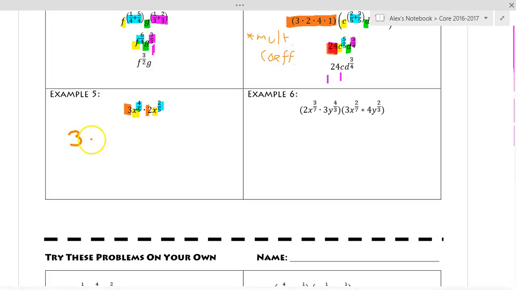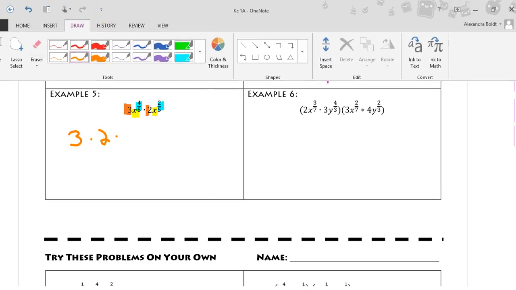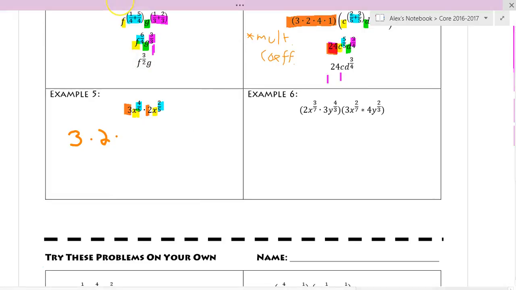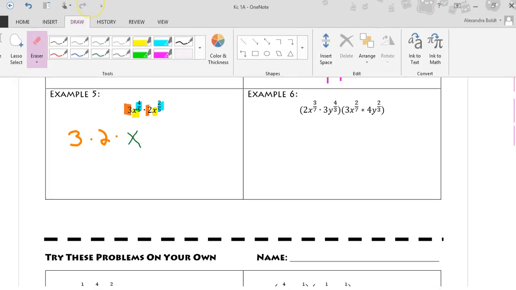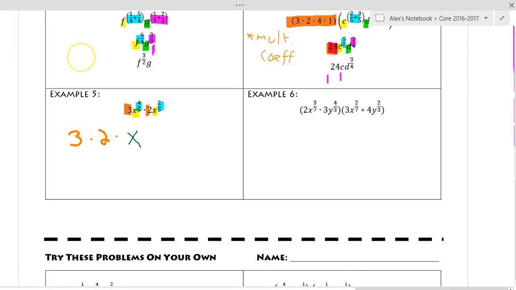So I have 3 times 2 times, and then I take whatever base I have, so that's just x. And then I add those exponents. So I have 4/5 plus 2/5.